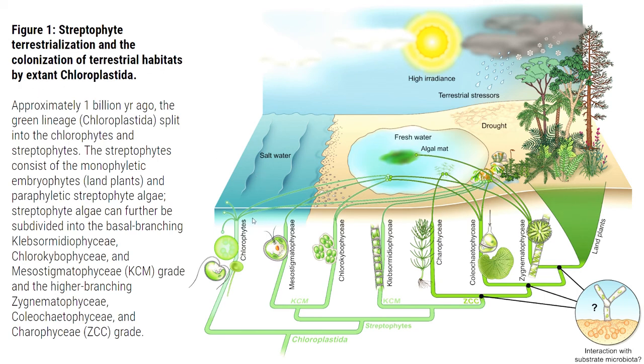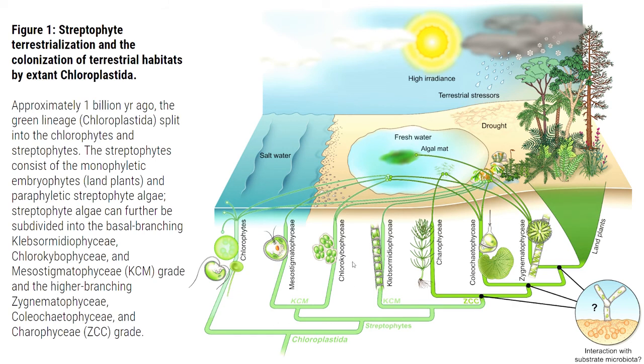We see here that 1 billion years ago, the green lineage Chloroplastida split into chlorophytes and streptophytes. The chlorophytes are the group which eventually gives rise to your algae. Then this one is the group of streptophytes. Slowly, from the water, from the sea, they eventually adapt to life on land.